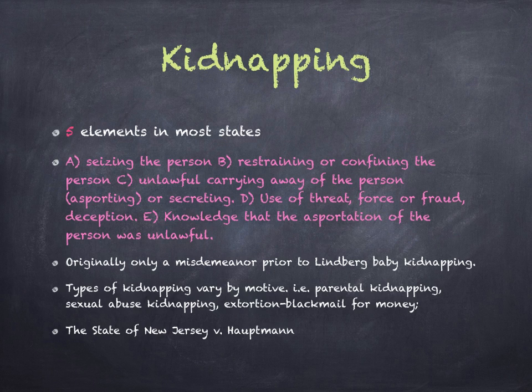The baby was missing for a long time, but they did find the baby dead, but only after Lindbergh gave $50,000 to the kidnapper. Anyhow, they changed the kidnapping laws, and I think that was in the 1930s.